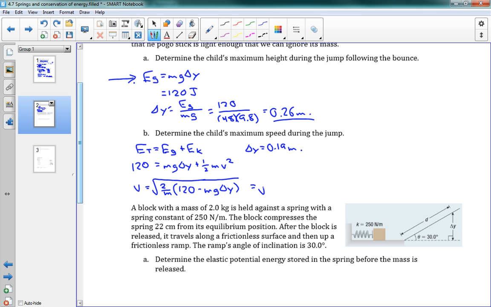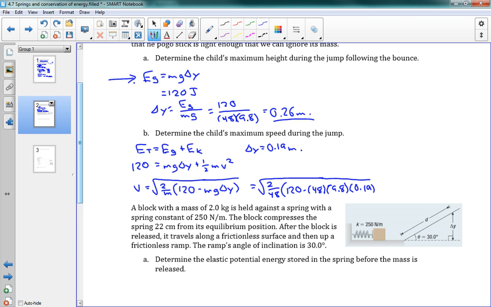And if I plug in some numbers now, we're going to have 2 over 48 times 120 minus 48 times 9.8 times our delta y, which is 0.19.